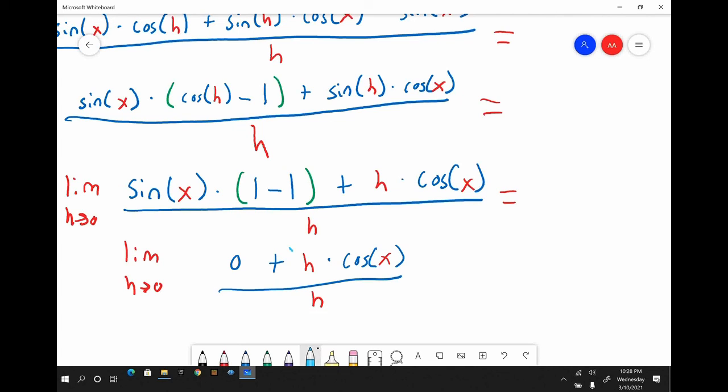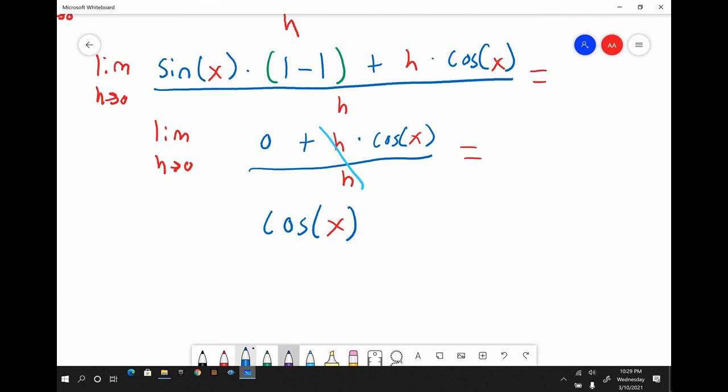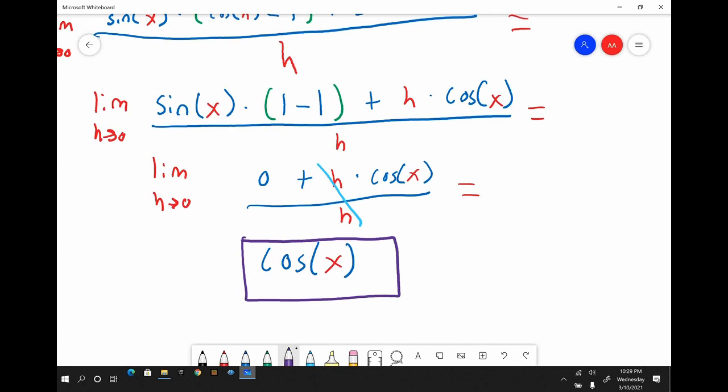Now these h's are going to go, and we will be left with just the cosine of x. Now this was a very lengthy process where we first proved the sine of the sum of two angles, and then we proved that for small inputs of a trig function, we can generalize it as a linear graph. But this is the answer we are looking for.